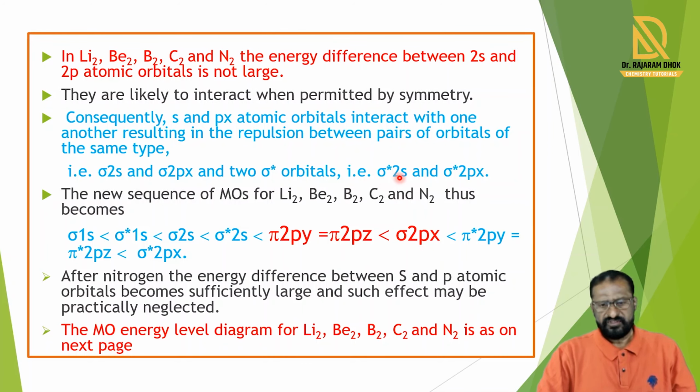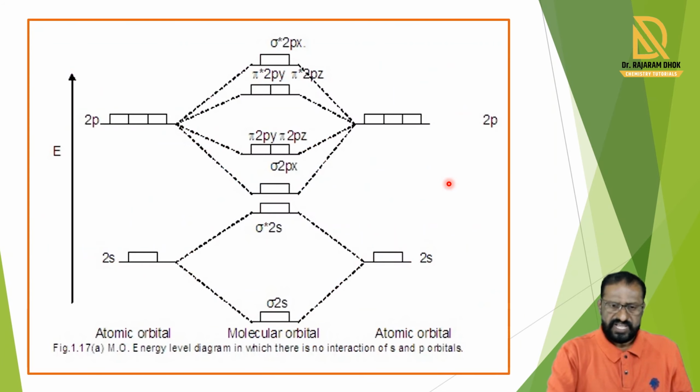So these sigma star 2s and sigma 2px, see this diagram, sigma star 2s, sigma 2px. These come close with each other, and when they come close with each other, then they are repelled. And when they are repelled, then sigma 2px is repelled above the pi orbitals.